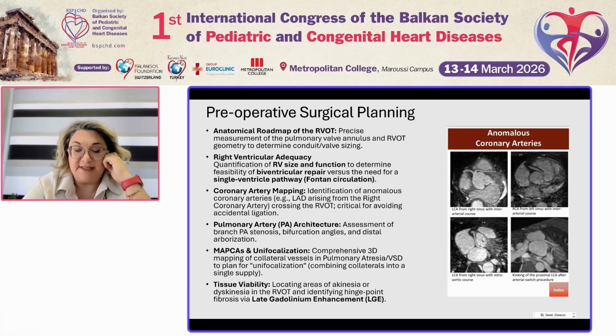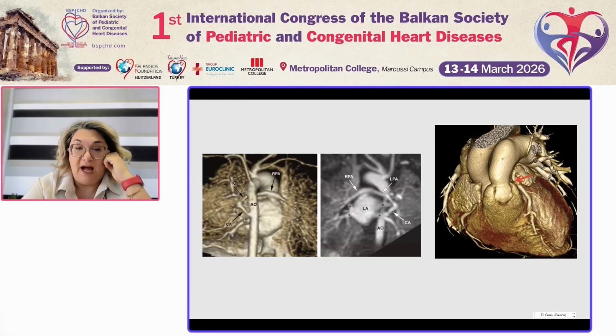CMR allows precise characterization of the RVOT and pulmonary valve anatomy, accurate measurements of the pulmonary annulus, the RVOT geometry, and the proximal pulmonary arteries, guiding surgeons in selecting the appropriate conduit or valve size and planning the reconstruction strategy.